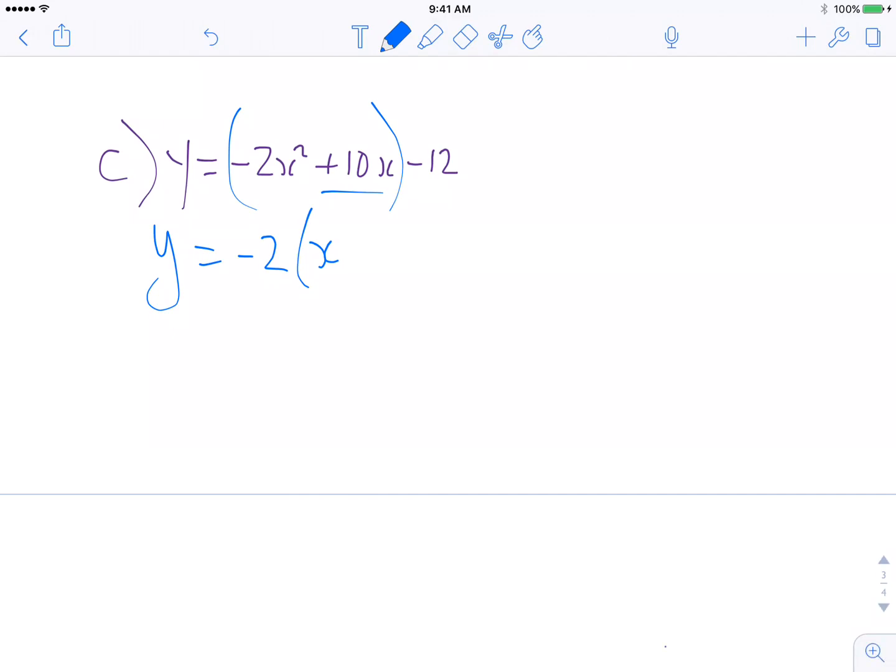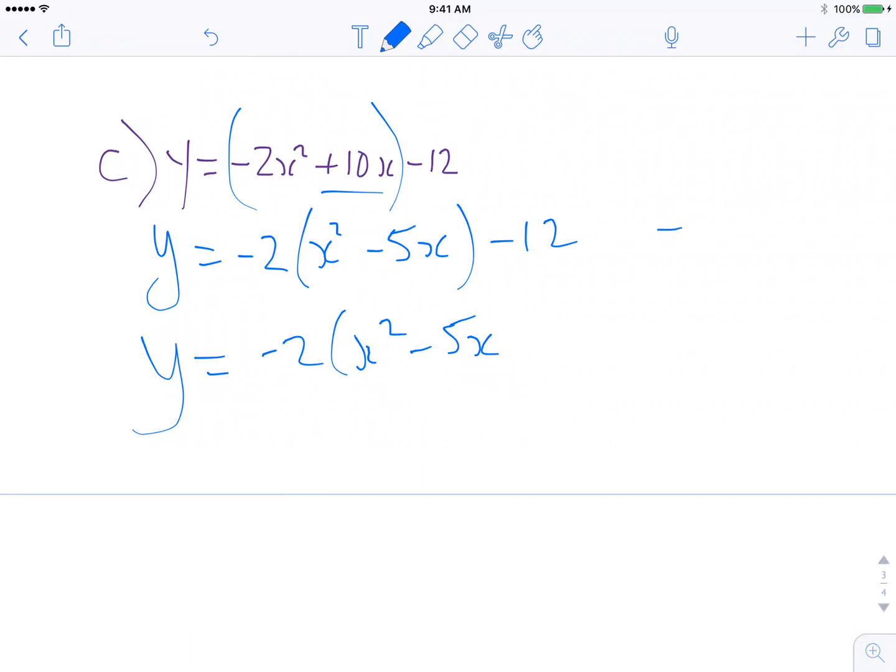Negative 2 times x squared is negative 2x squared, and negative 2 times negative 5x is positive 10x, and then minus 12, sorry. y equals negative 2 times x squared minus 5x, and again, half of negative 5 would be negative 5 over 2. We have to square it, which would be 25 over 4, because negative 5 over 2 times negative 5 over 2 is positive 25 over 4. Either way, we're going to be adding it and subtracting it. So now we have plus 25 over 4 minus 25 over 4, and then minus 12.